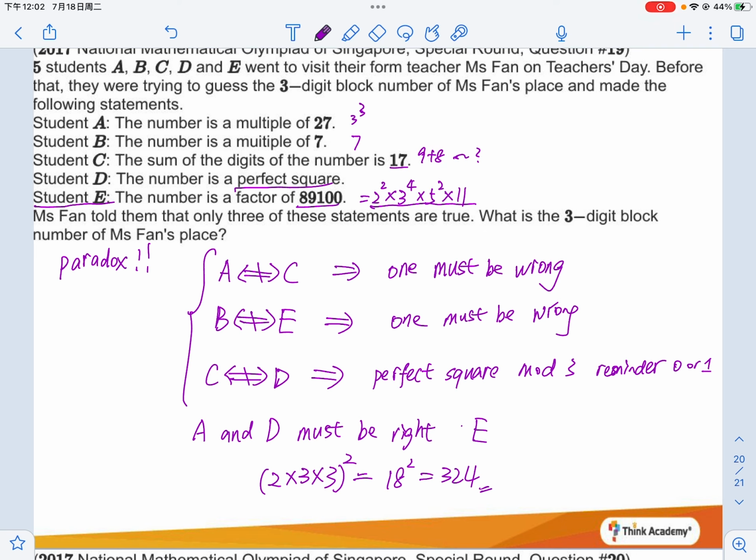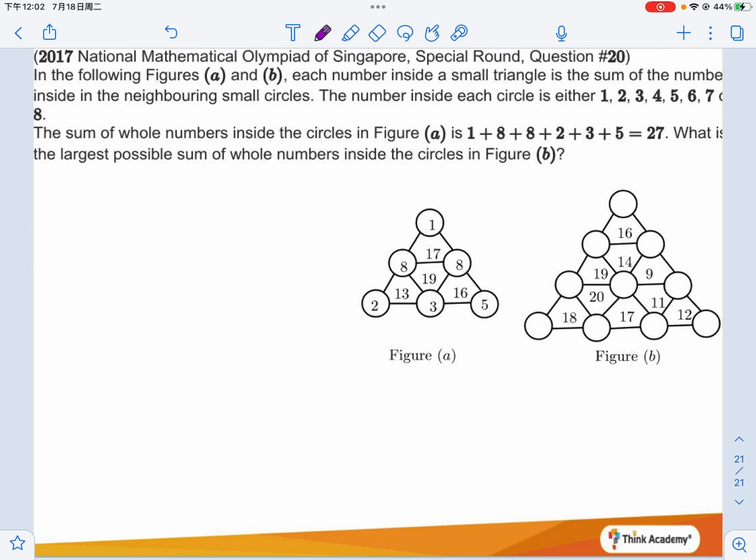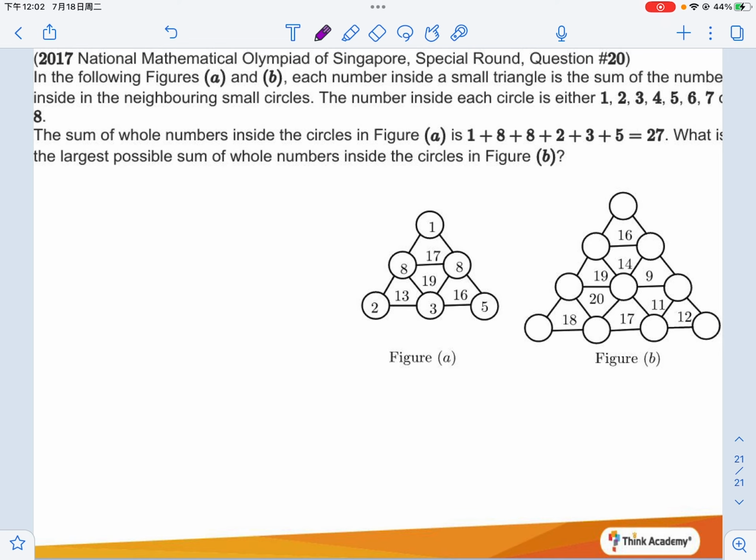Okay, 27 is 3 cubed, so I can also find some 3 cube from the factors of 89100. So I first guess ADE should be right, so I just write it down here. Also, you may find the paradox from serious logic judgment. It's okay.